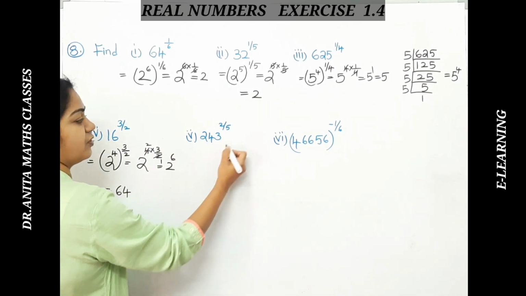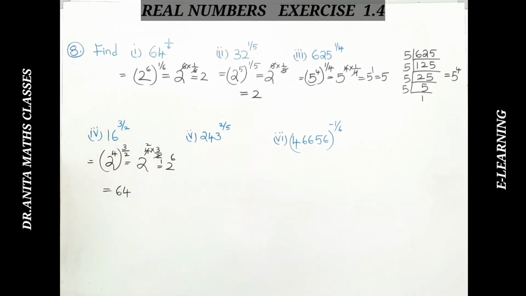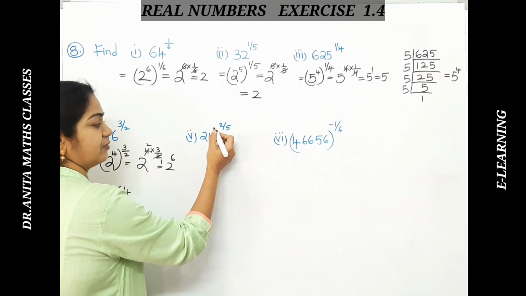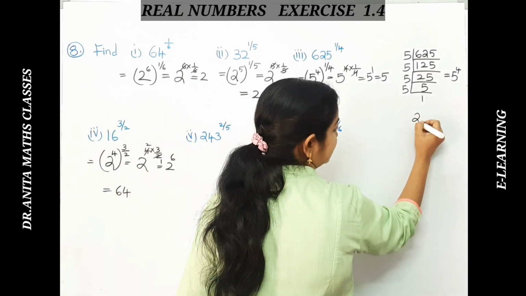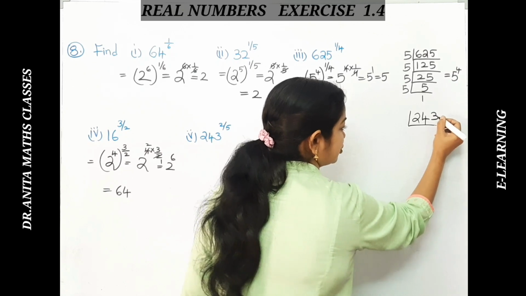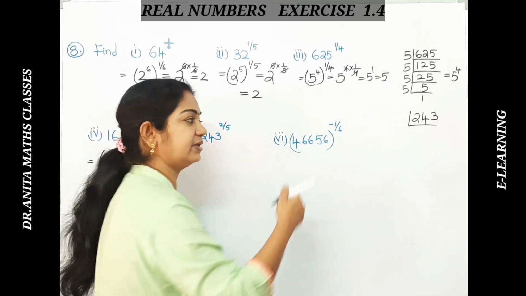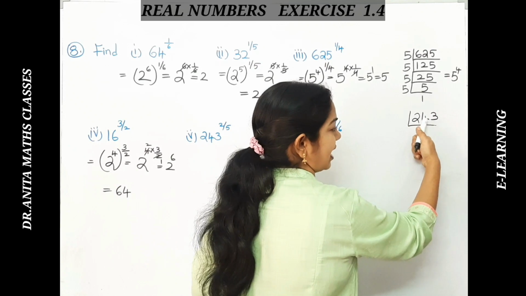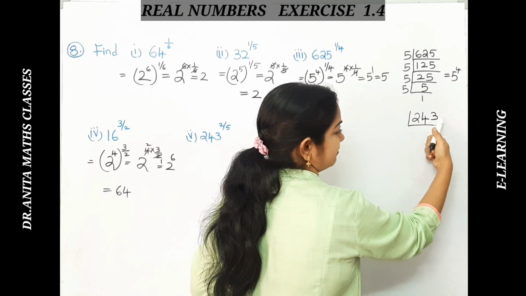Now 243. 243 goes with 3. This is 3 raised to the power of 5. But if you don't know, just do the prime factorization. This will not be divisible by 2 because it does not have an even number in the last digit. So let us add the sum of the digits. 2 plus 4 plus 3 is 9.